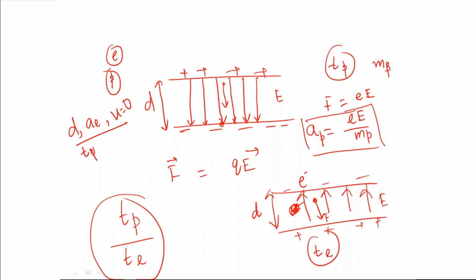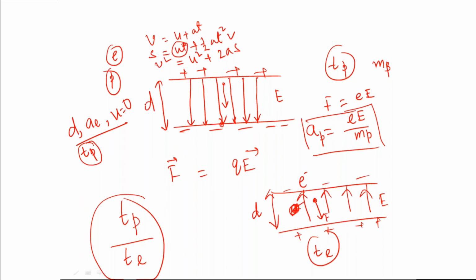See, I have three formulas. v is equal to u plus at. I have displacement s equals ut plus half at square. And I have v square is equal to u square plus 2as. So which formula? The second formula, because the initial velocity is 0, so this term will be 0. The s is here d, I know. Acceleration I know.